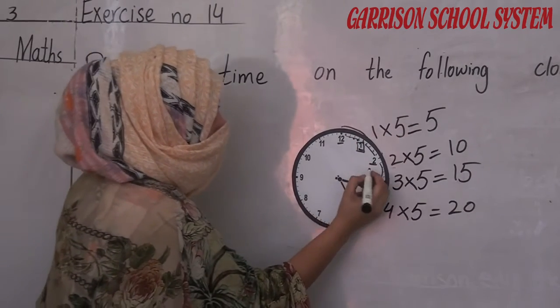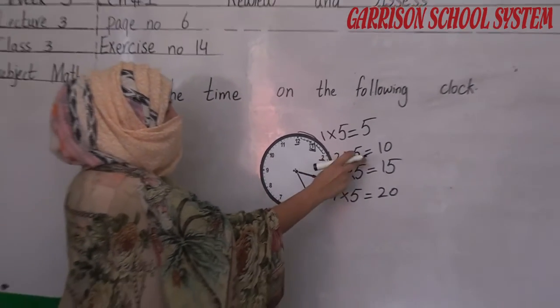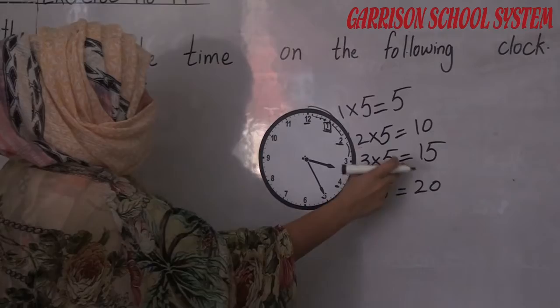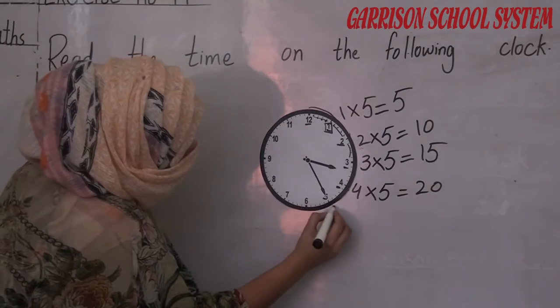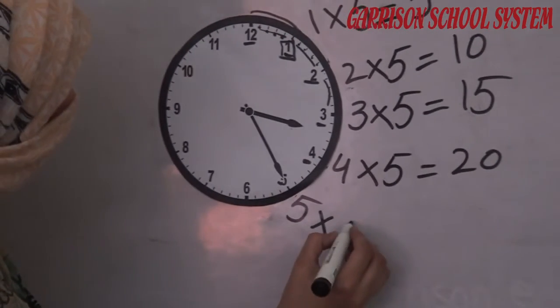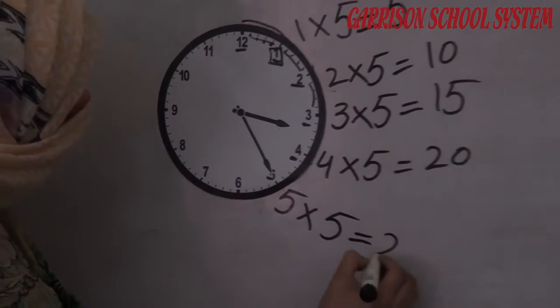Then we take this number 2 and multiply it by the 5. 2 5s are 10. Next 3 5s are 15. 4 5s are 20. And next number is 5, and we have to multiply this 5 by the 5. So 5 5s are 25.